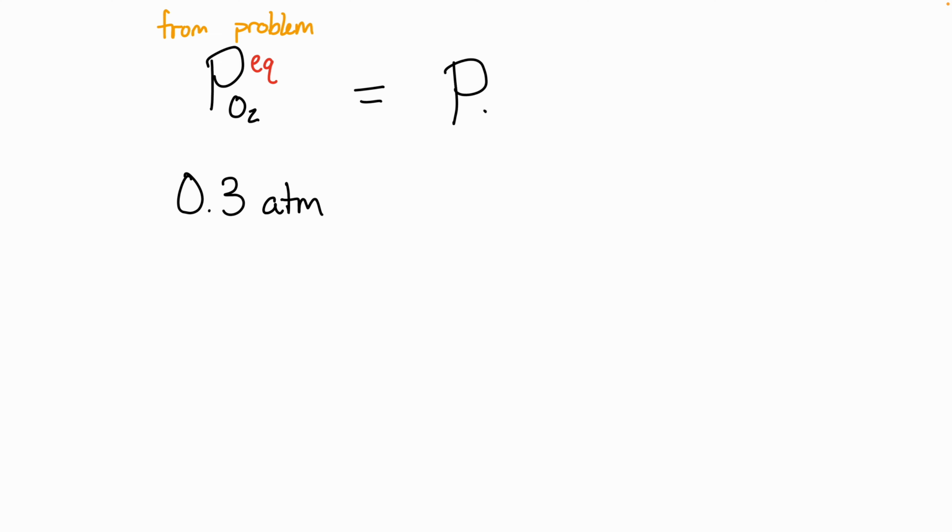Okay, I have my pressure of O2 at equilibrium from my problem. That's that 0.3 atm. Well, this has to be equal to the pressure of O2 at equilibrium from my ice table, which is that 1.6 minus x.